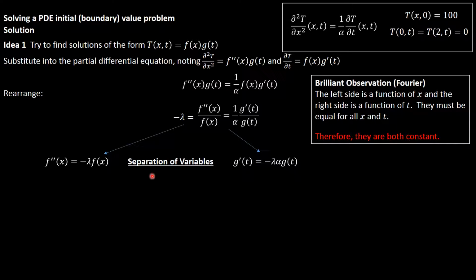All right, so we have two equations. Each one of them is an ordinary differential equation, just in terms of x or just in terms of t, which is pretty wonderful, because we know how to solve those.